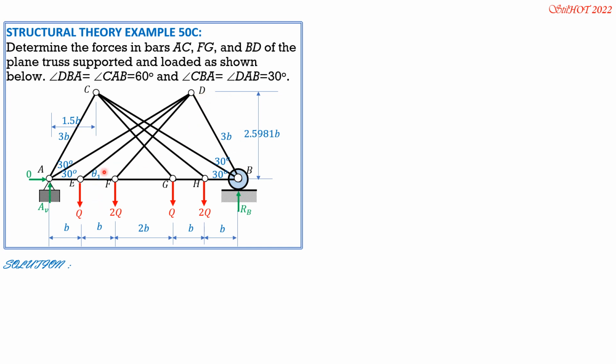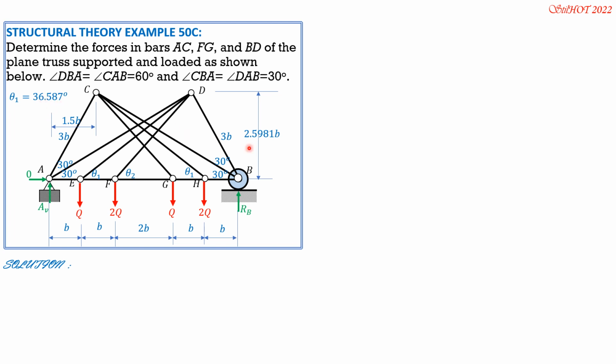So we will call this theta 1 also by symmetry. This is theta 2, and this is also theta 2. So tangent of theta 1 is 2.5981b over this distance, which is 5b minus 1.5b, 3.5b. So tangent theta 1 is 2.5981b over 3.5b, cancel b. So theta 1 is 36.587 degrees.